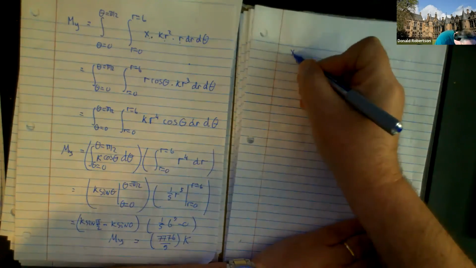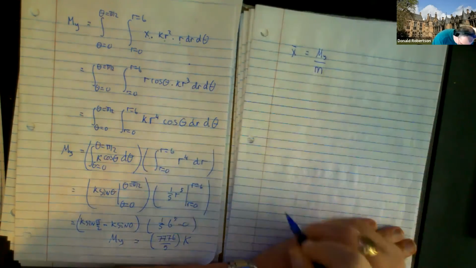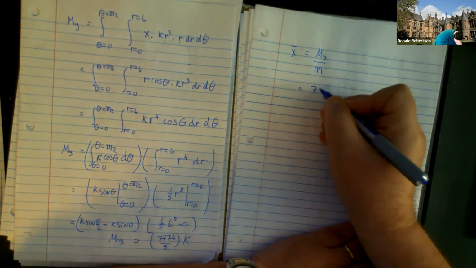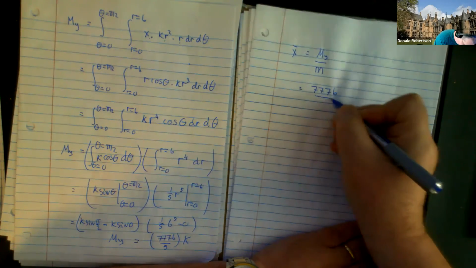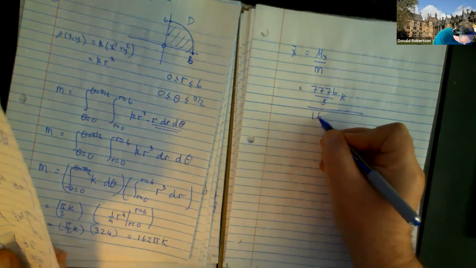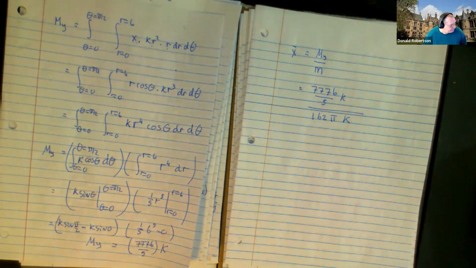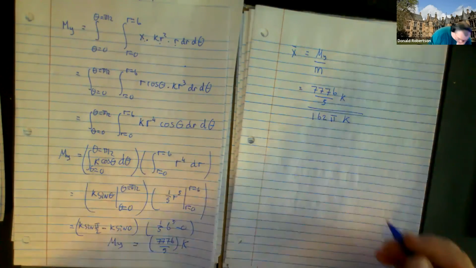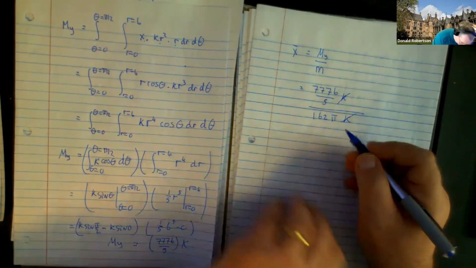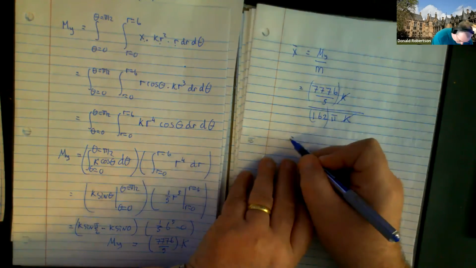So x bar is the moment around y divided by m. And so it's 7776 over 5k, all over 162 pi k. Oh, the k's cancel. There's going to be a pi on the bottom, but I've basically got this guy over this guy, and I need to figure out what they simplify to.